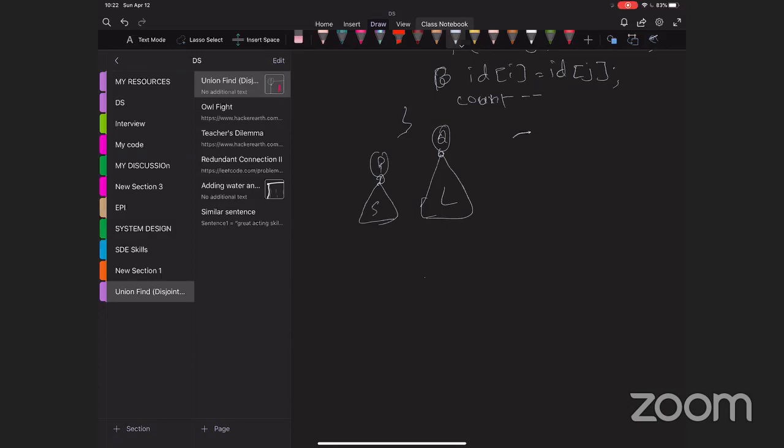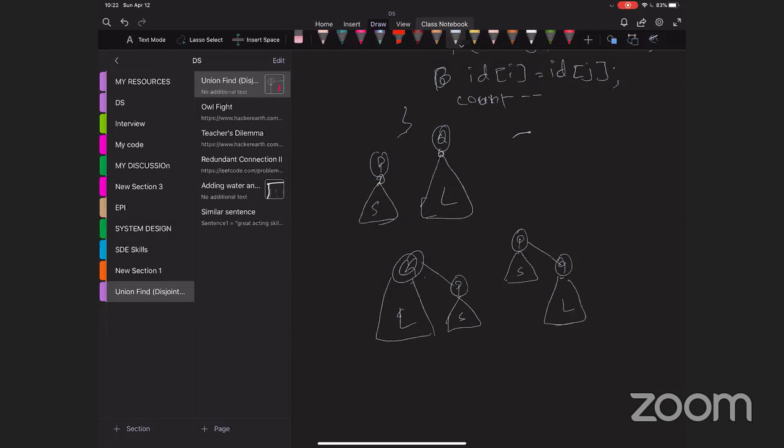There are 2 ways to connect P and Q. Either Q is one tree, and then P becomes a child of that tree, or the other way is P becomes the parent, that is the small tree, and then Q becomes a child of it.